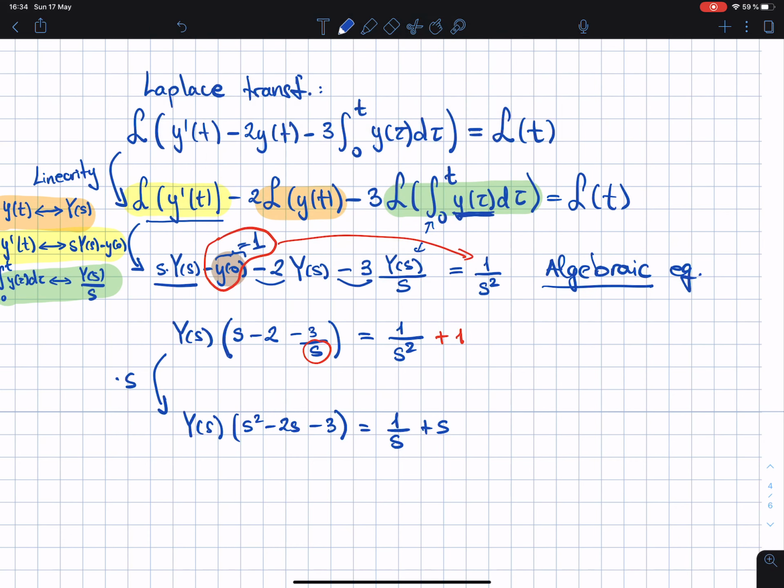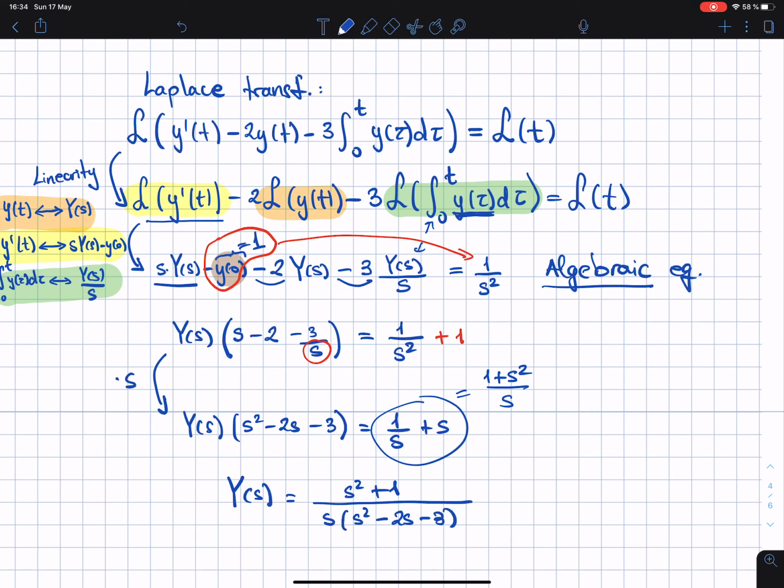And now I can isolate Y of s. Let's do this fraction summation here. So finally this Y of s is written as s squared plus 1, over s times s squared minus 2s minus 3.